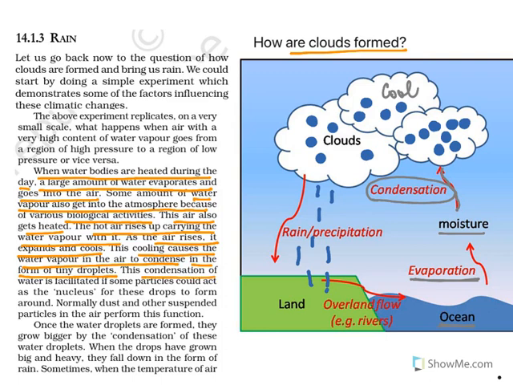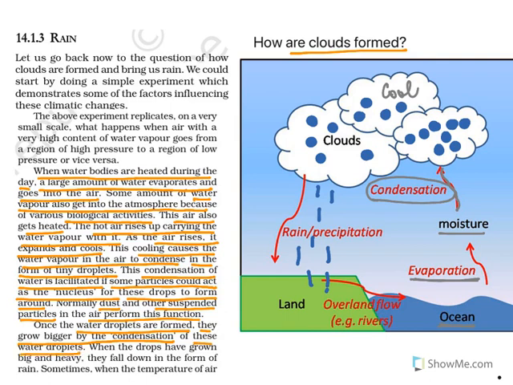This condensation of water is facilitated by some particles that could act as nuclei for these drops to form around. Normally, dust and other suspended particles in the air perform this function. Once the water droplets are formed, they grow bigger by condensation.